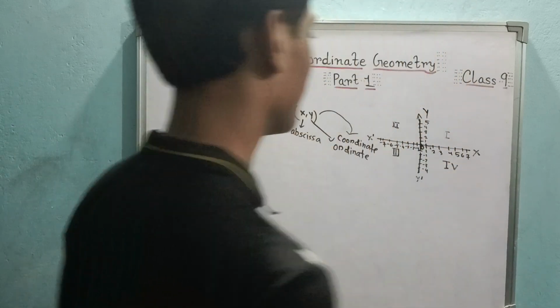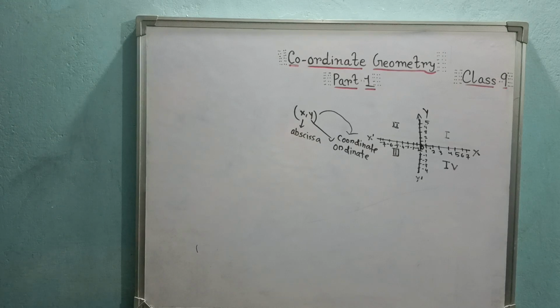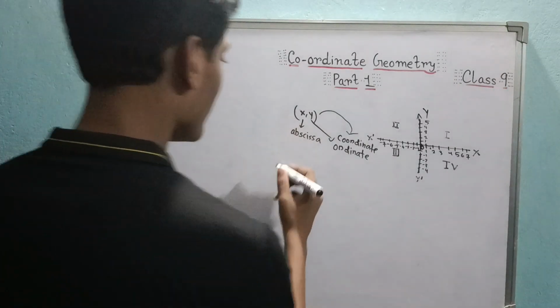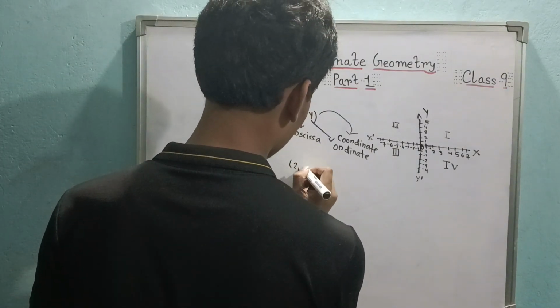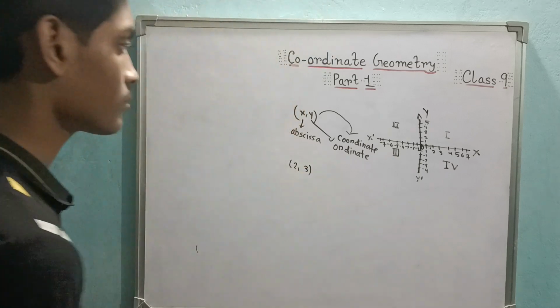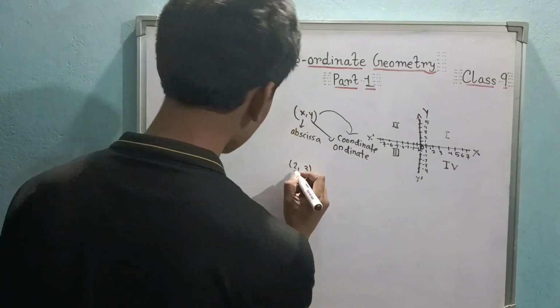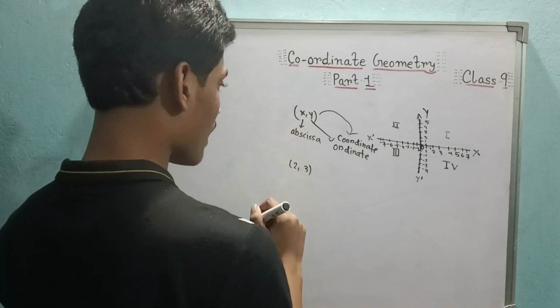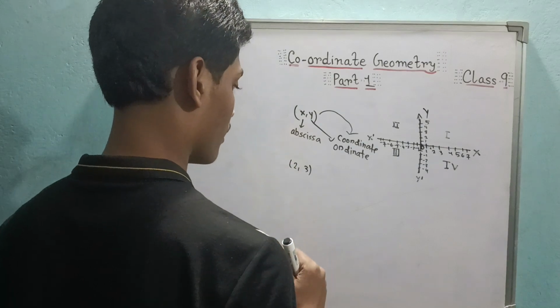Now suppose a coordinate point is 2, 3. Then this 2 is the abscissa, and abscissa lies on the x-axis.